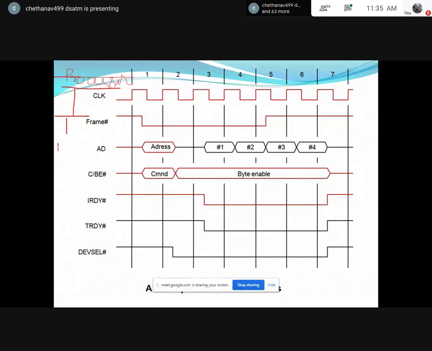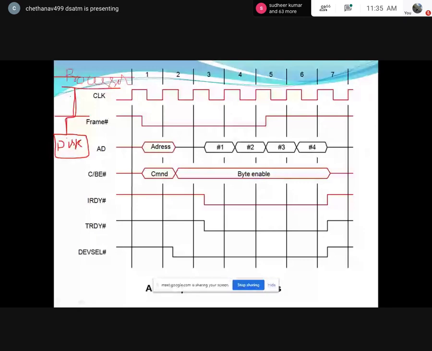I want to transmit the data from the disk to this processor, or from the disk to a memory. So how do we transmit the data? My disk has a vast amount of data, and the processor should read it.